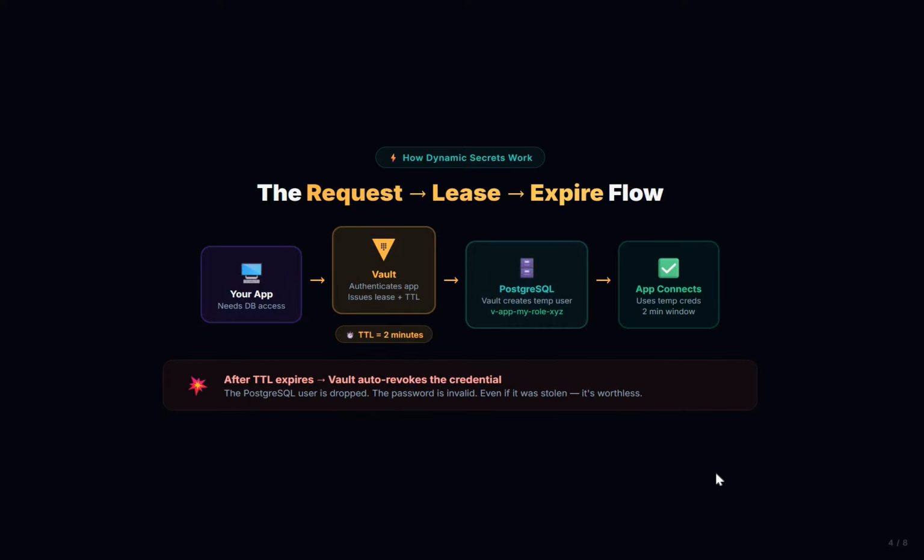So your app uses this credential which has only 2 minutes of lease. When the clock goes from 2 to 0, Vault auto revokes it. That means the PostgreSQL user is dropped and the password is invalid. And if it was stolen, it was already dead, right? So there is no need for manual cleanup, no rotation script, just credentials that expire on schedule.